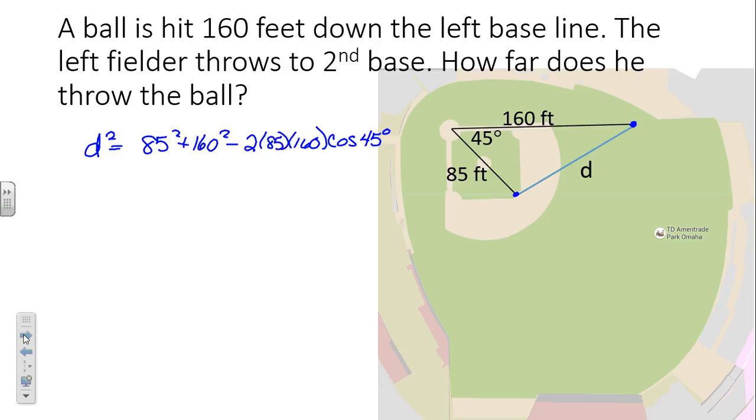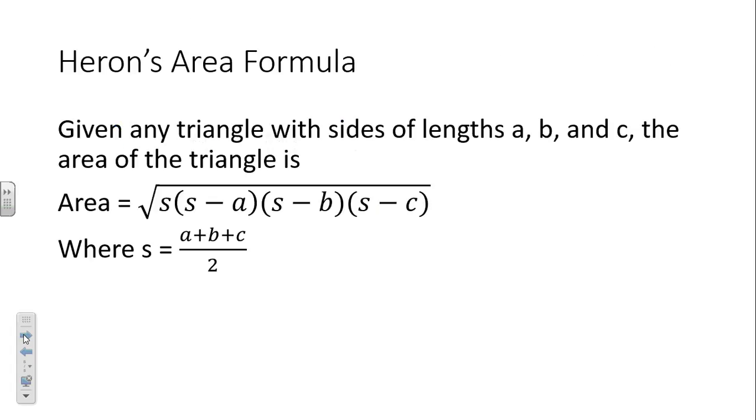All right, so here comes our formula for finding area. So Heron's area formula says that if you know 3 sides of a triangle, then you can find the area of that triangle, provided you can add those 3 sides up and divide by 2, and then take that S and subtract everybody off, multiply them.